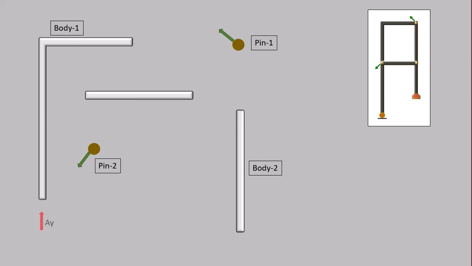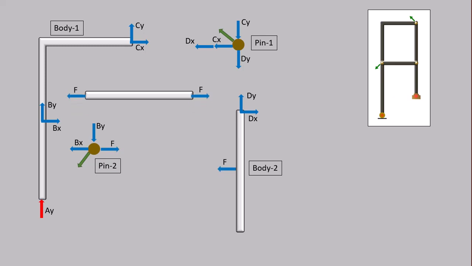The L-shaped body has a roller, connected in the middle with a complex pin, connected at the top with another complex pin. The second member on the right is connected to the complex pin, a 2 force member, and a support pin at the bottom.